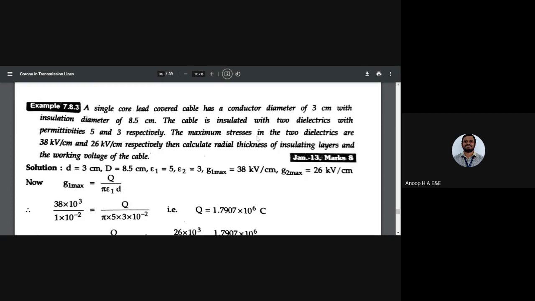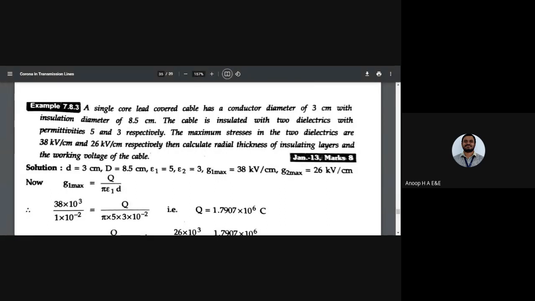The maximum stresses in the two dielectrics are 38 kilovolt per centimeter and 26 kilovolt per centimeter respectively. Then calculate the radial thickness of insulating layers and the working voltage of the cable.